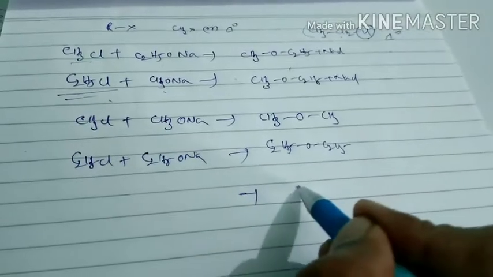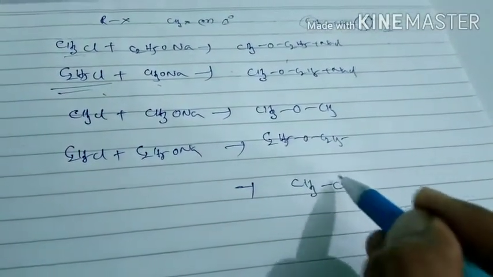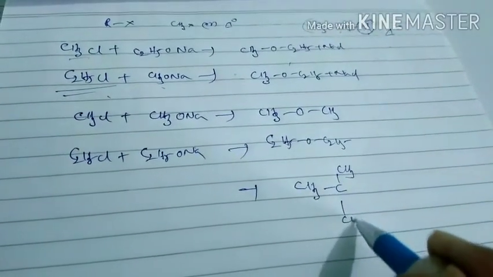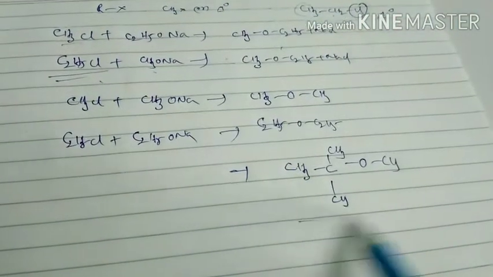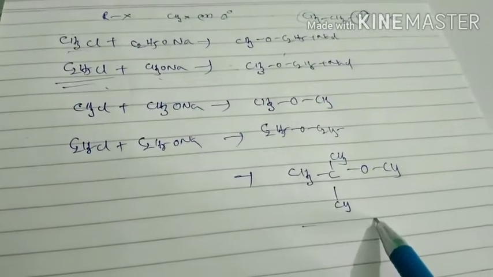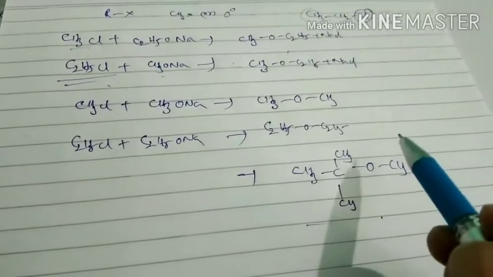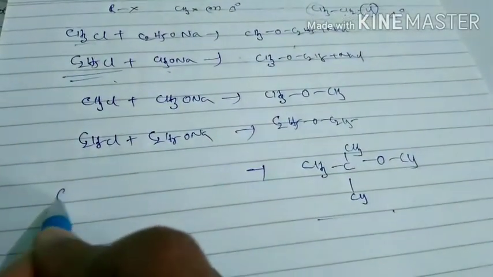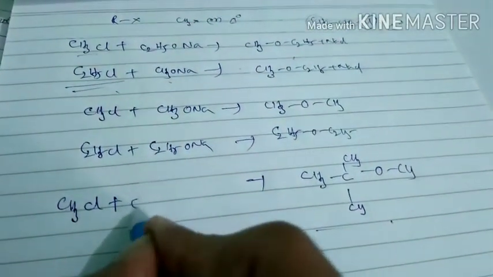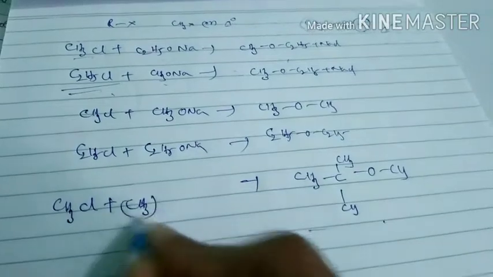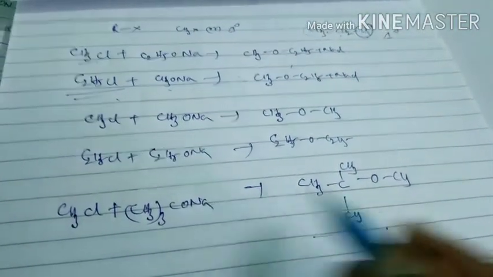Suppose you want to make this type of ether, CH3 thrice C-O-CH3, then you have to take CH3Cl plus (CH3)3CONa, then only it can be made.